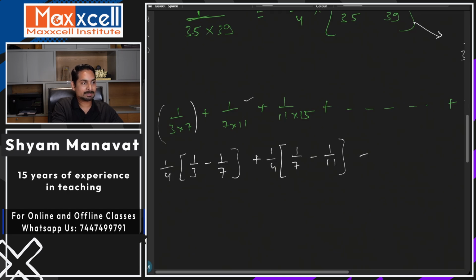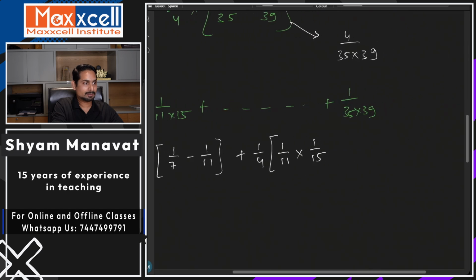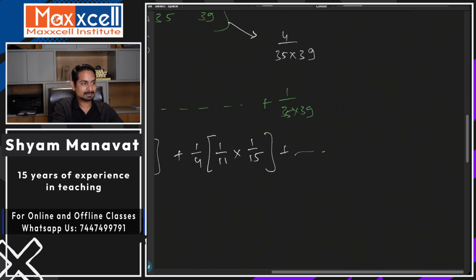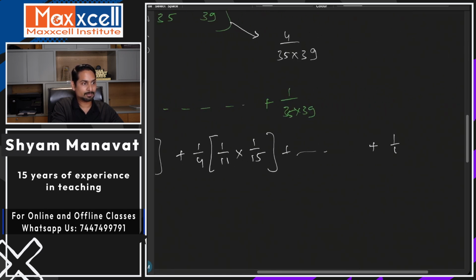The next one is 1 upon 4 into (1 upon 11 minus 1 upon 15), right? And it goes on, the last term is 1 upon 4 into (1 upon 35 minus 1 upon 39).